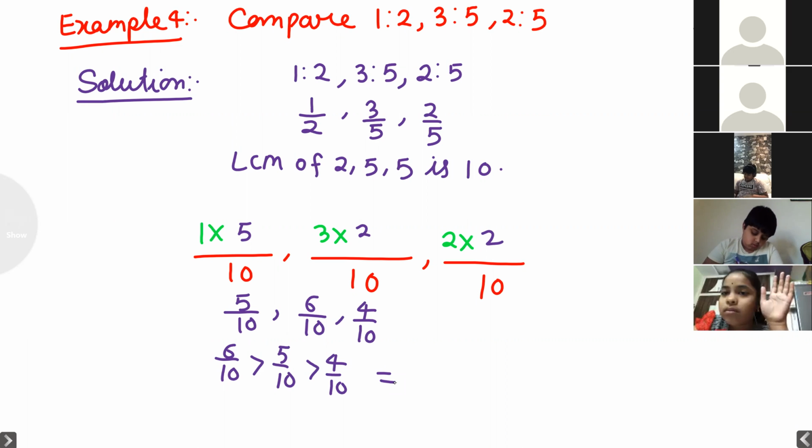What is second ratio, student, here? Second one is 3 is to 5. 3 is to 5 is greater than next 5 is to 10. 5 is to 10 means first, 1 is to 2. And last one is 2 is to 5.